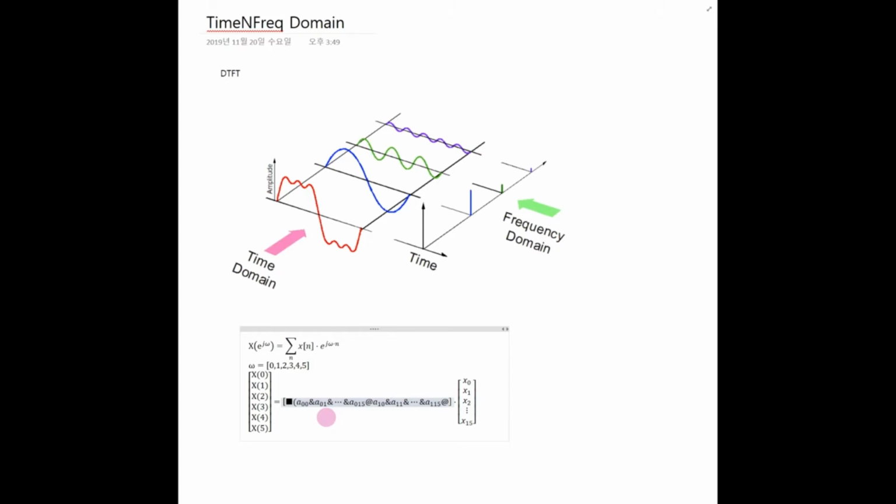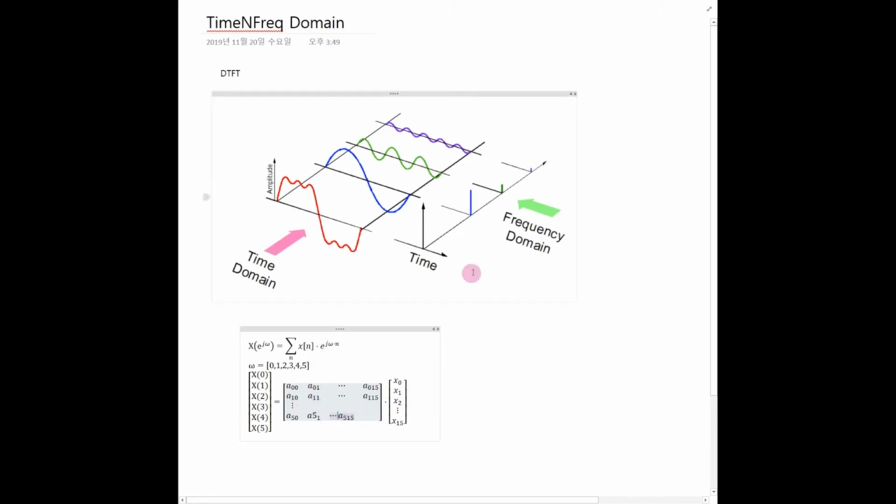This one will be repeated, and the last one is a50, a51, up to a5 15. Could you read this matrix? This matrix is called the basis.